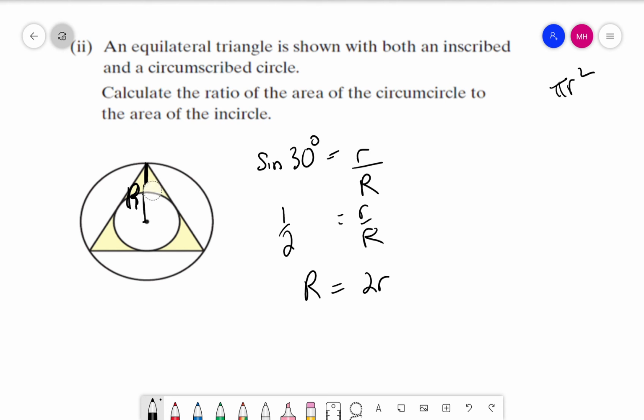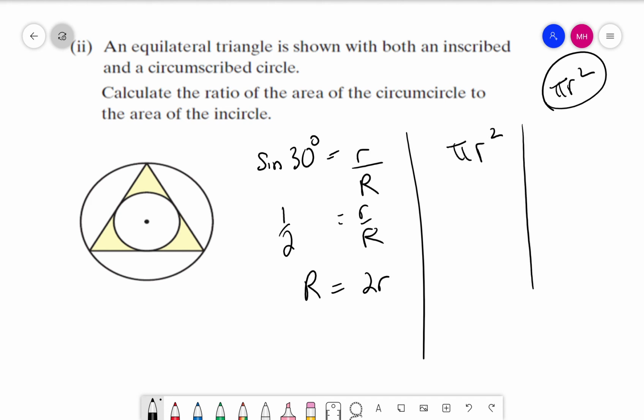Okay, so where are we going from here? Now you have what big R is equal to, so big R is equal to 2r. You just use your formula for the area of a circle. So the area of the big circle is pi R squared, the area of the little circle is pi r squared. I really should have used the big R there. We know that big R is equal to 2r, so we'll use everything in little r's here.